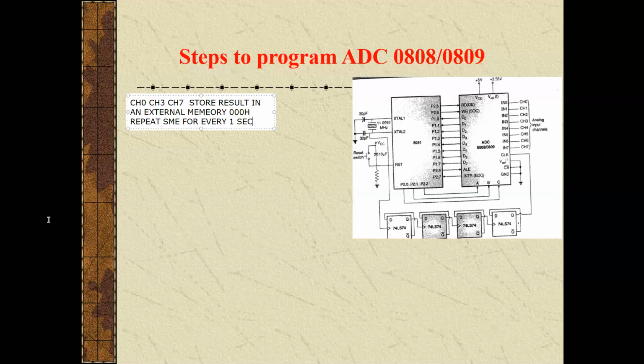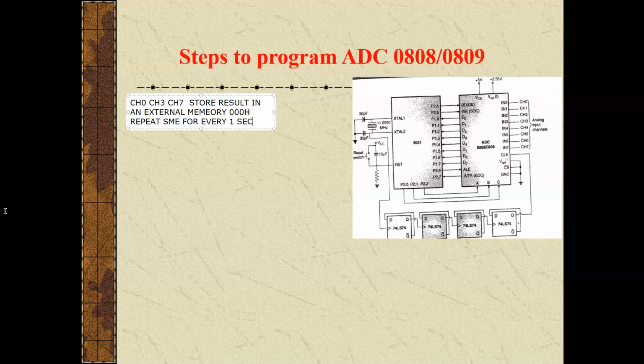We have 8 input channels in our analog to digital converter. Hence, in order to select the input channel, it is essential to send a 3-bit address on the CBA inputs. The address of the desired channel is sent to the address inputs through port pins P2.0, P2.1 and P2.2. Then after some delay, the address must be latched, which is obtained by sending the ALE signal.